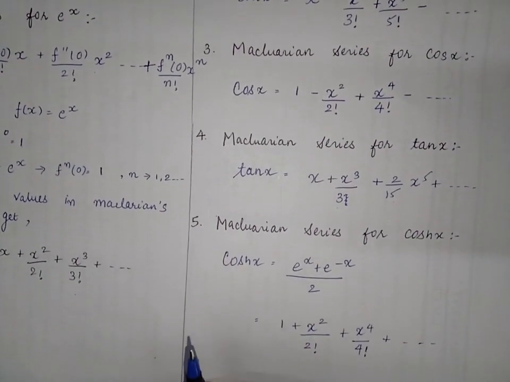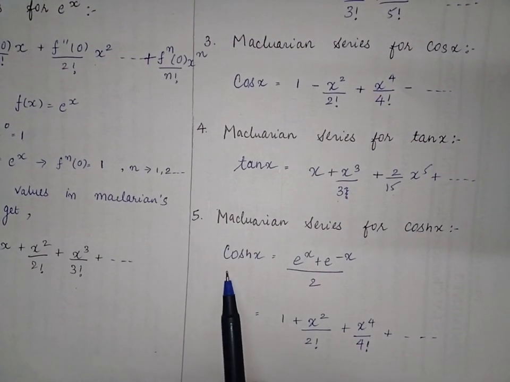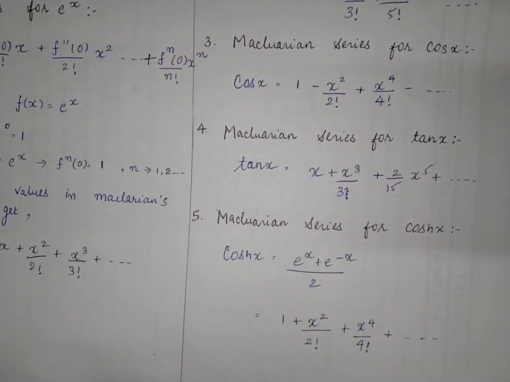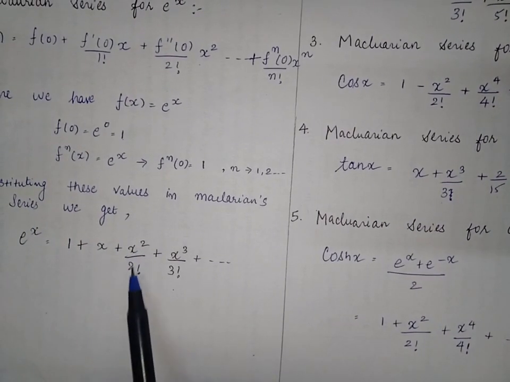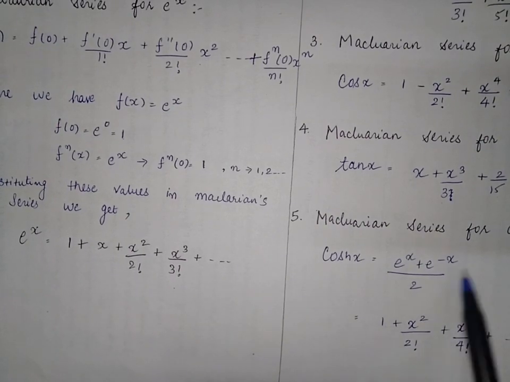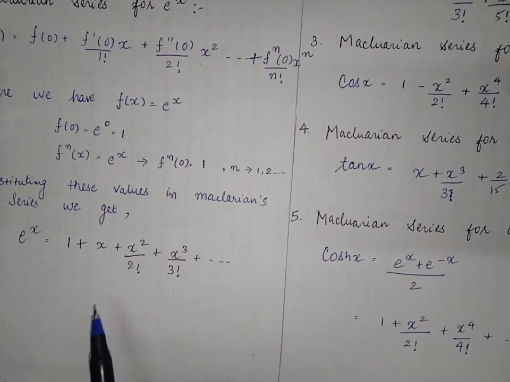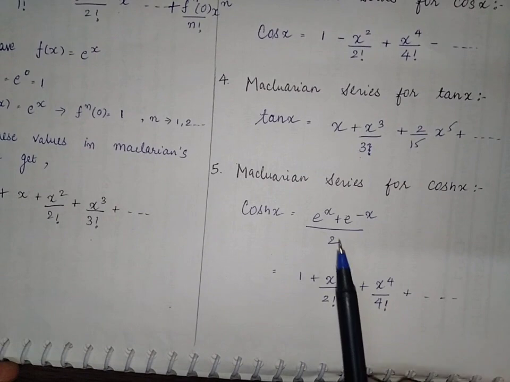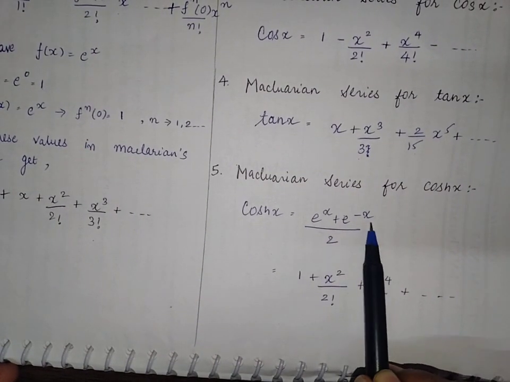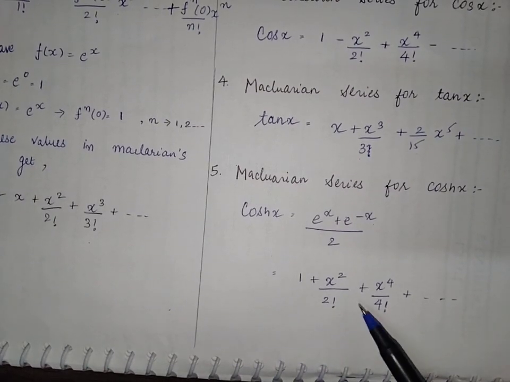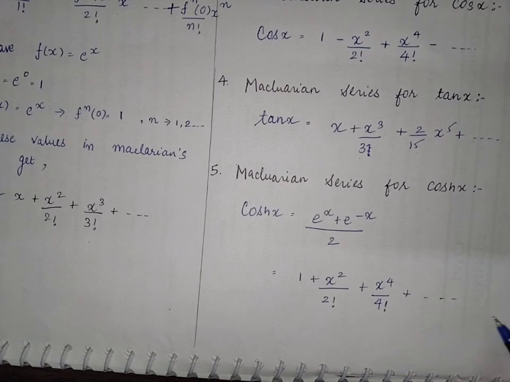Similarly, Maclaurin series for cos hx. We know the formula of cos hx: e raised to x plus e raised to minus x by 2. The value of e raised to x is 1 plus x plus x square by 2 factorial and so on. For e raised to minus x, in place of x we have to put minus x. Then we add both values and put them in, and we will get cos hx, that is 1 plus x square by 2 factorial plus x raised to 4 by 4 factorial and so on.